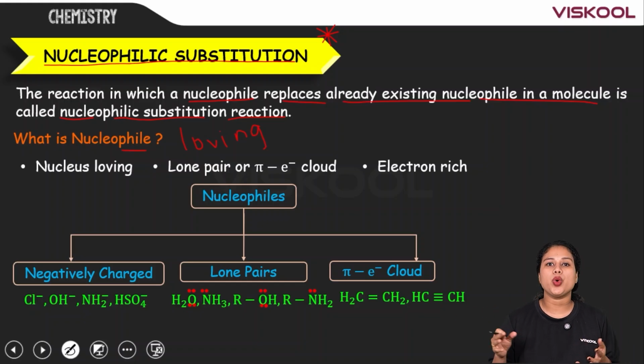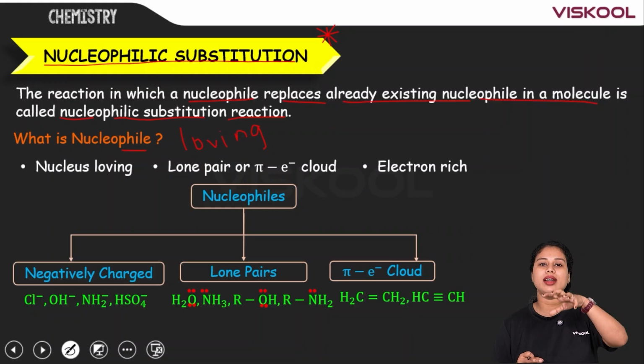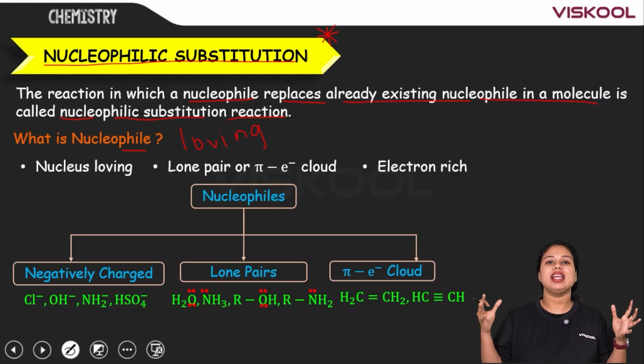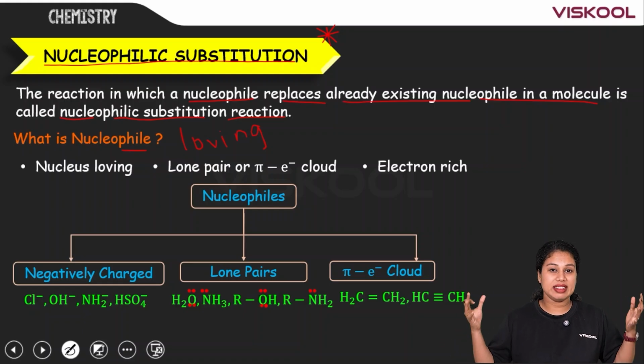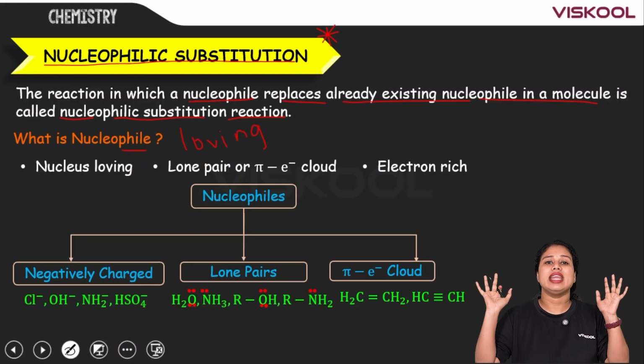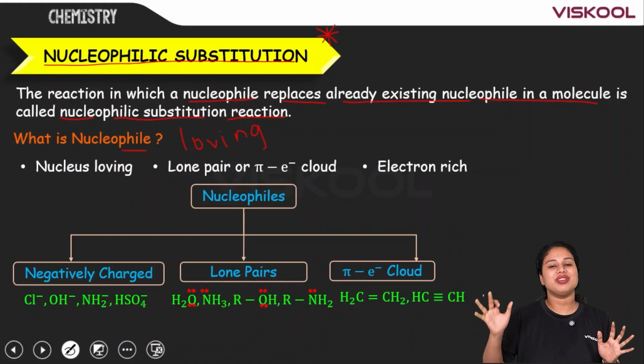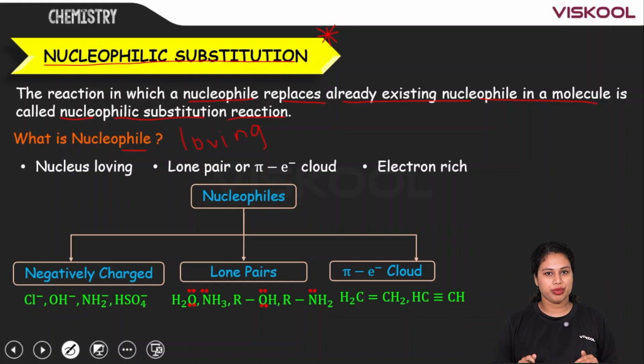The nucleus has a positive charge. Why do these species love positively charged species? Because they have a lot of negative charge. That is the reason why they are loving the nucleus.